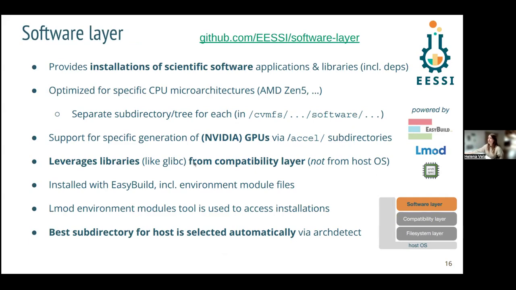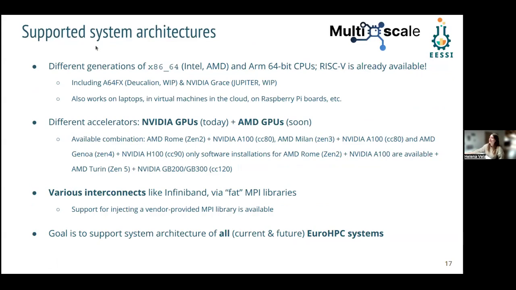As I showed you, the glibc and this kind of libraries are pointed to the compatibility layer, not from the host operating system, so in that case, my laptop. Again, this is built through EasyBuild and exposed through Lmod. And you don't have to worry about selecting which one is the best for your machine. So EESSI will do it itself. And it looks like thunder, so I hope everything is fine.